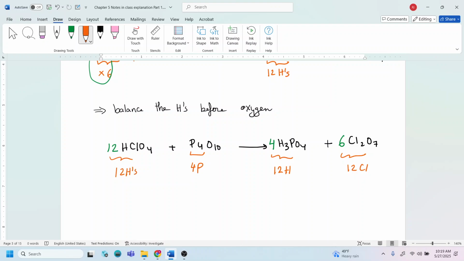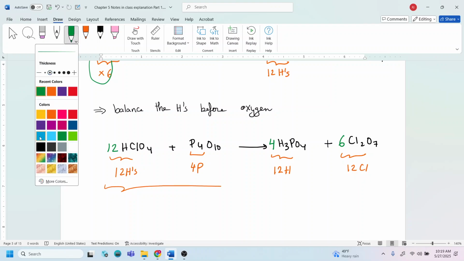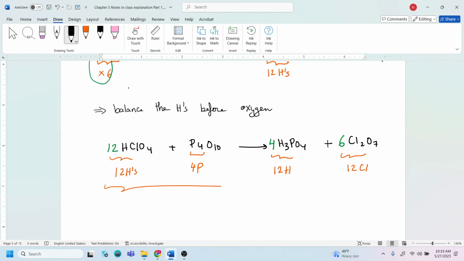With respect to the number of oxygens, if I want to calculate it, I have 12 times 4, so that is 48 oxygens for the HClO4. And then for the P4O10, I have 10 oxygens in there.